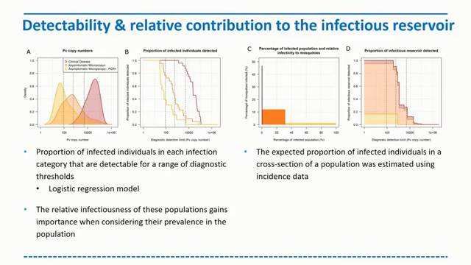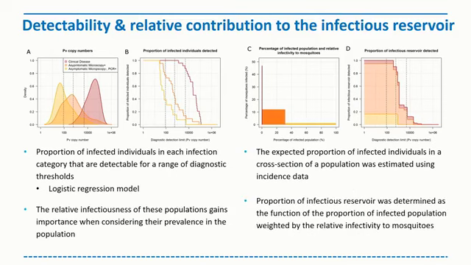So when you include this in your estimate, you find that the proportion of the infectious reservoir changes when you look at it in terms of their prevalence in the population.